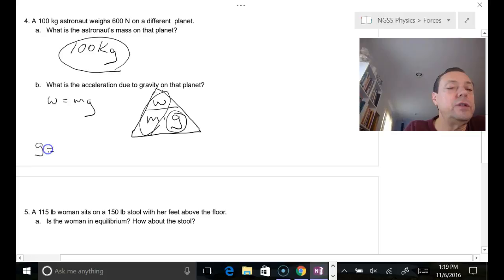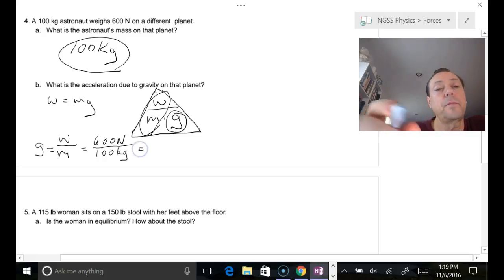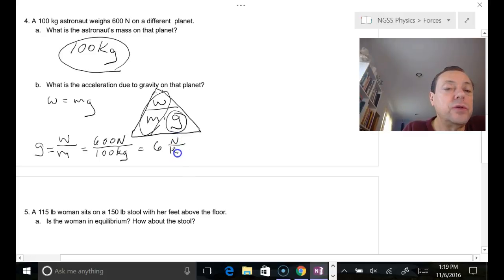So G is equal to weight over mass. The weight is 600 newtons. The mass is 100 kilograms, and that would be 6 newtons per kilogram.